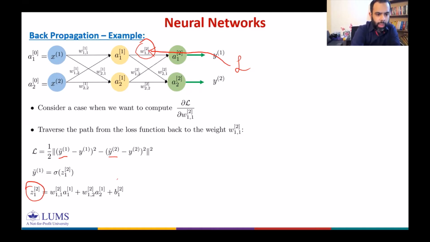We pass this through a sigmoid function and get the activation output, which is the output of the first node, second layer. Okay, what do we want to compute? We want to compute the partial derivative of the loss function with respect to W211. So we have these equations, and these equations establish the relationship between the loss function and W211, which is here.